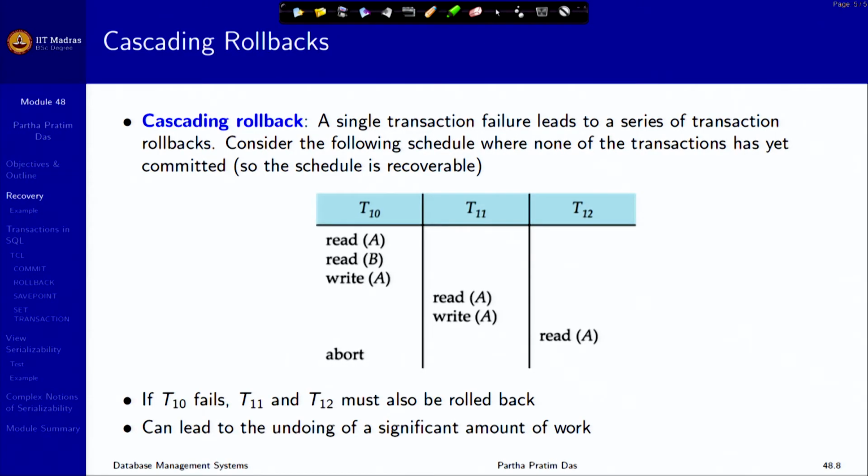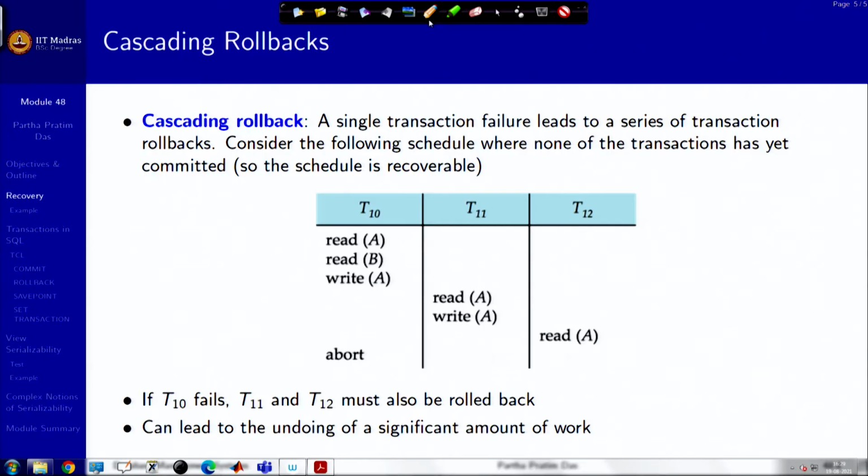Now, whenever there is an abort, we need to do a rollback to the beginning of the transaction, and undo everything that was done earlier. Let us consider the following schedule, where nothing has been committed yet. What happens? If T10 fails, it will have to be rolled back.